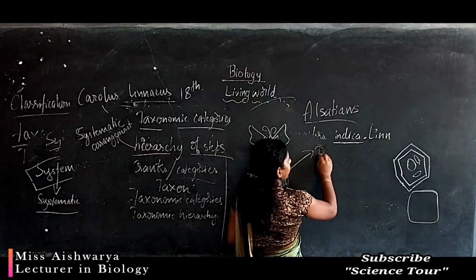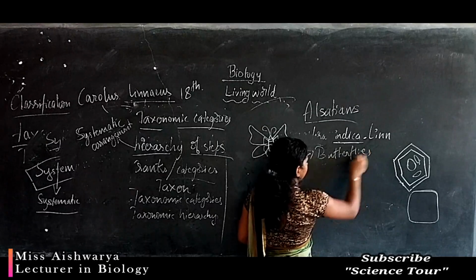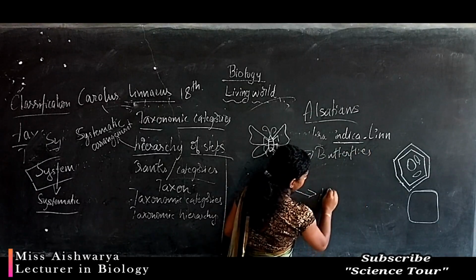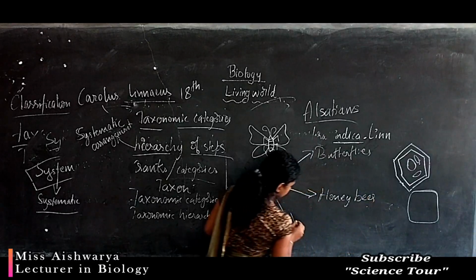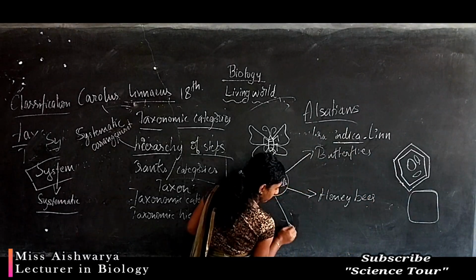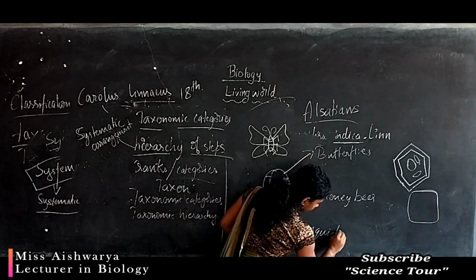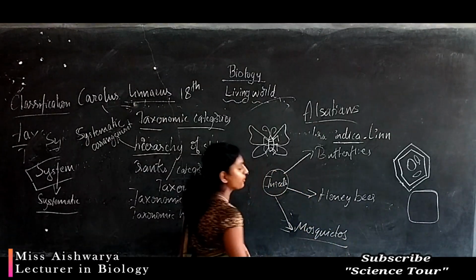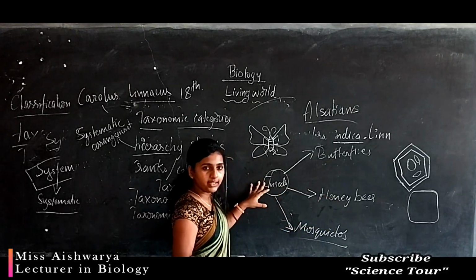It may be butterfly, then honeybees, different types of honeybees you can see, mosquitoes, different types of mosquitoes. These are the further types of the insects.